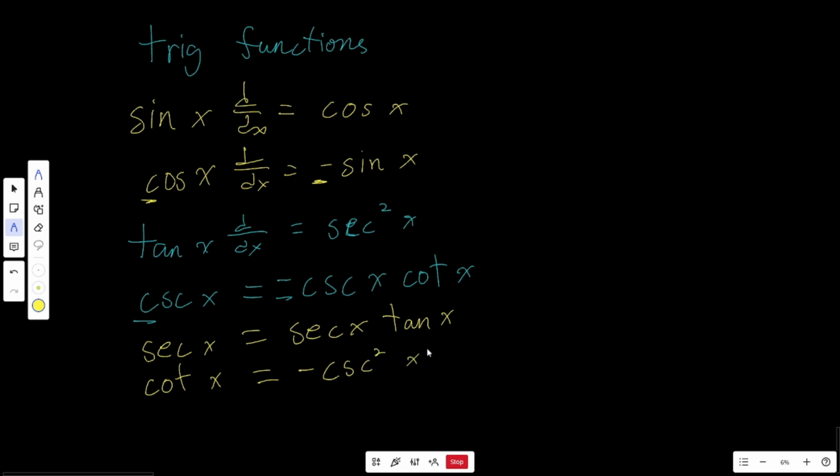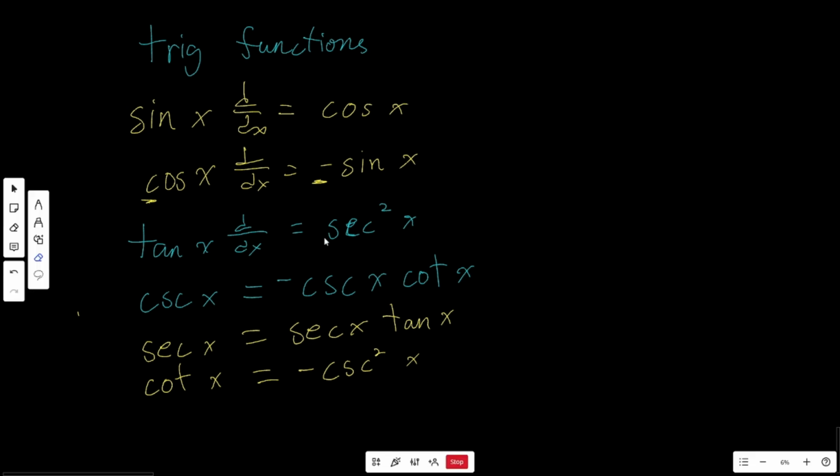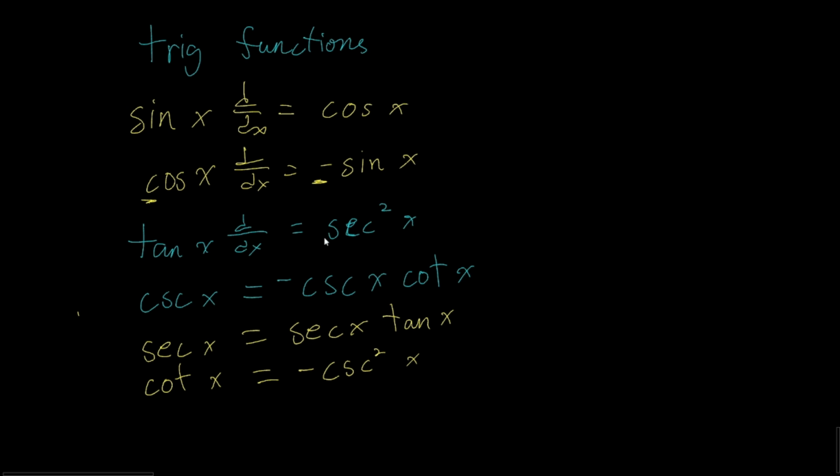So my suggestion in remembering this is to find the relations between the instances of the negatives and also the reciprocal functions of the functions involved. So for example, tangent x's derivative is secant squared x.